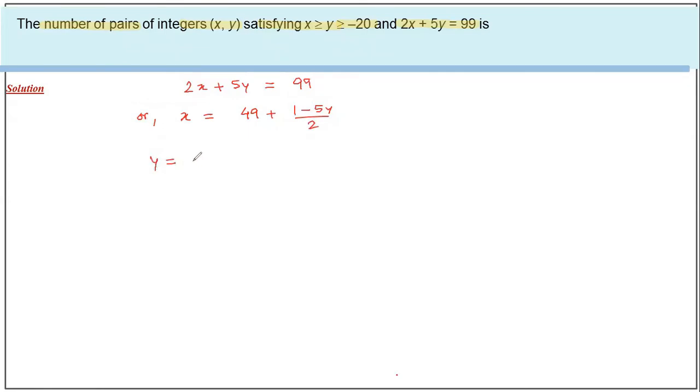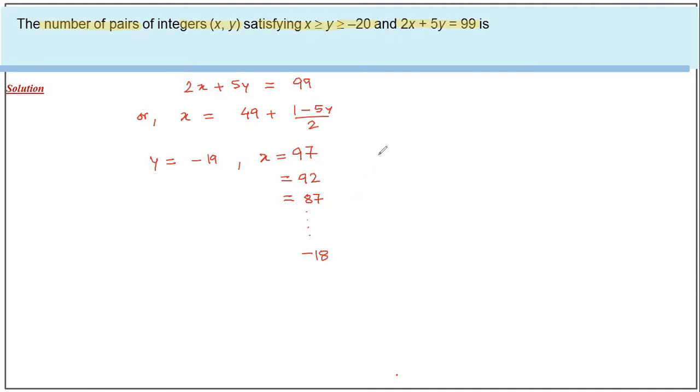So when y equal to minus 19, we get the value of x as 97. Now we know that x will decrease as per the coefficient of y. So next value of x would be 92, 87, until it will go up to minus 18, because y has to be greater than equal to minus 20.